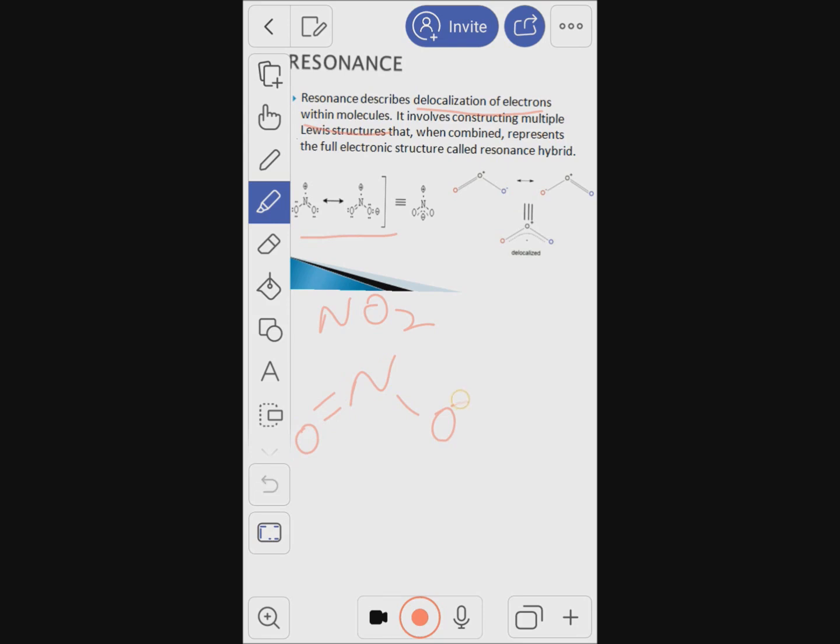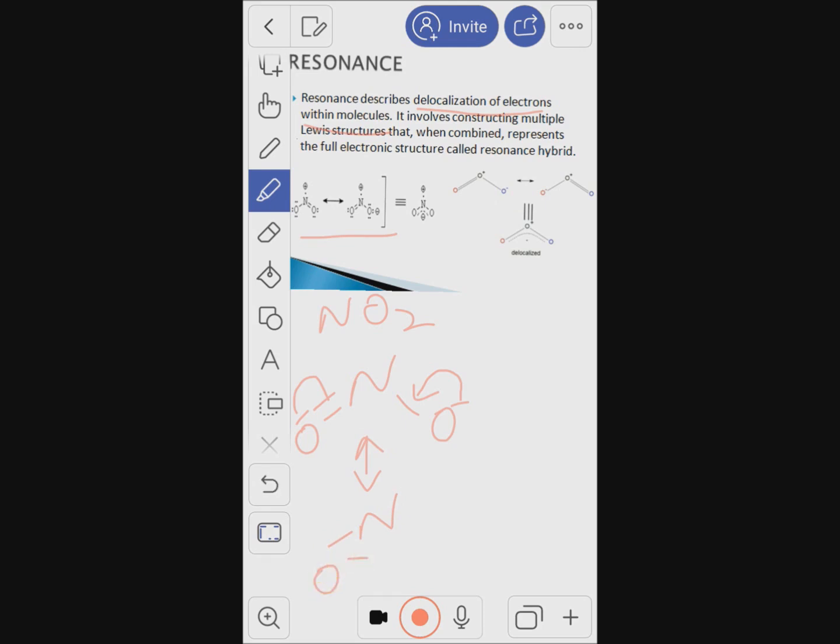This charge is transferred to the single bond, means these electrons are transferred to the single bond, and this double bond is transferred to the other oxygen, and it forms O negative, and this is double bond O. This is structure number 1, and this is structure number 2.